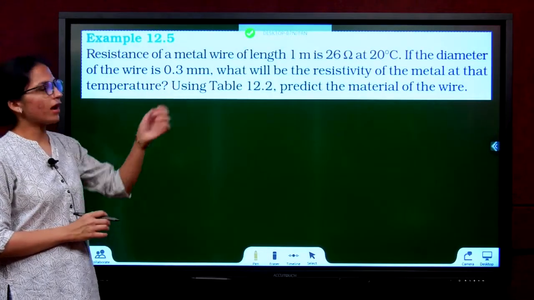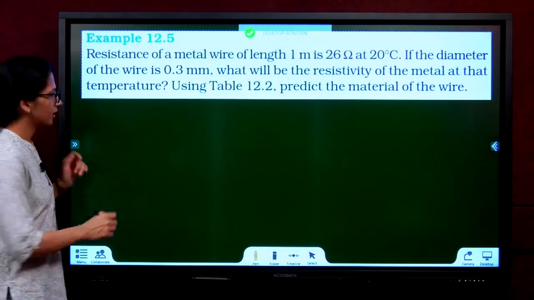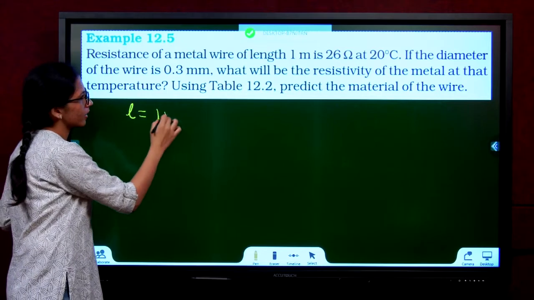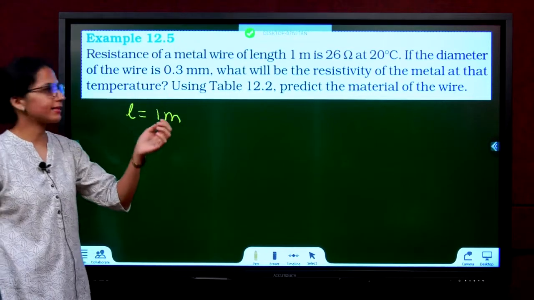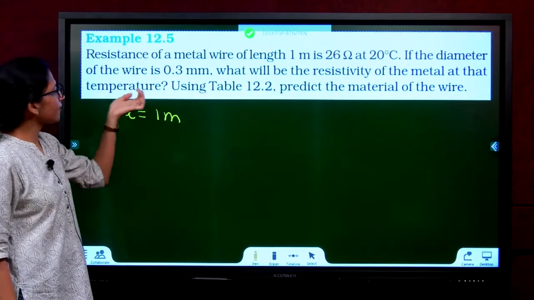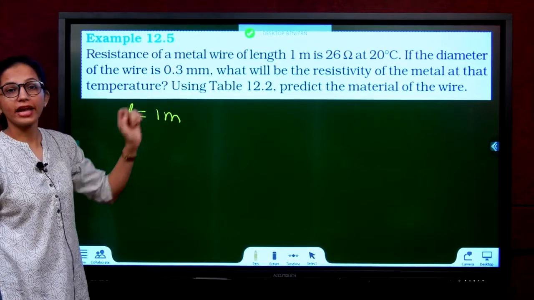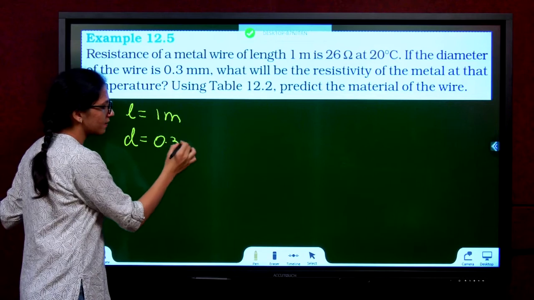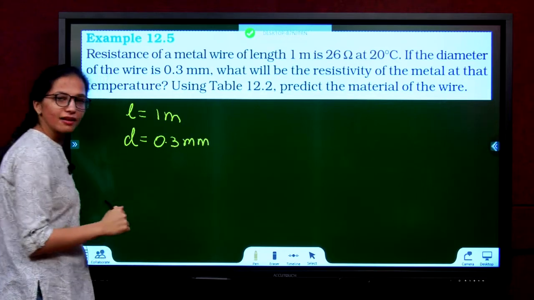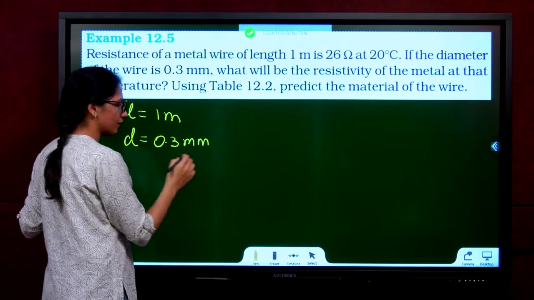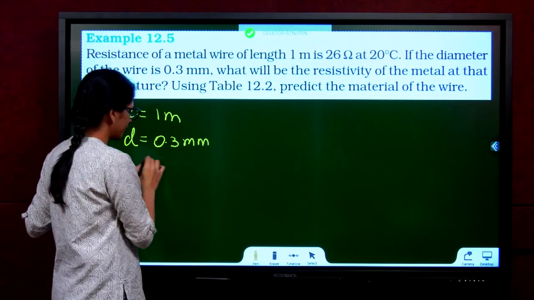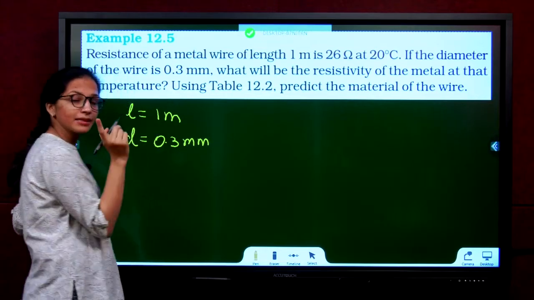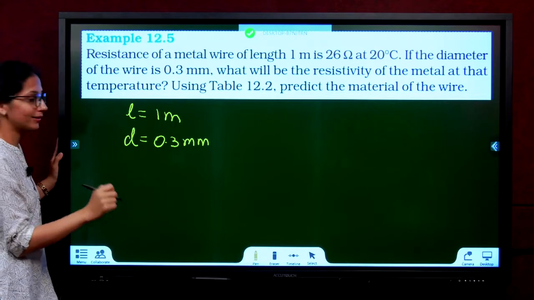Resistance of a metal wire of length 1 meter. It's given length is 1 meter at 20 degrees Celsius. If the diameter of the wire is 0.3 mm, diameter is 0.3 mm. First convert that to meters. How do we convert it to meters? m means milli. Milli means 10 power minus 3. We learnt it.